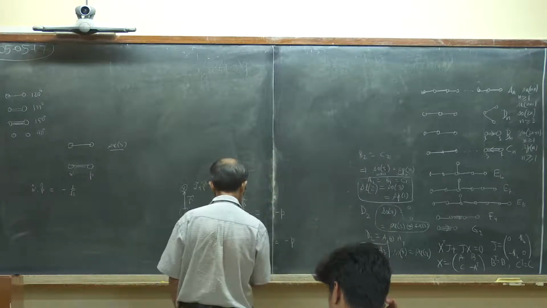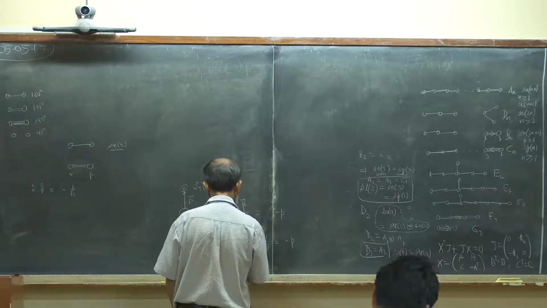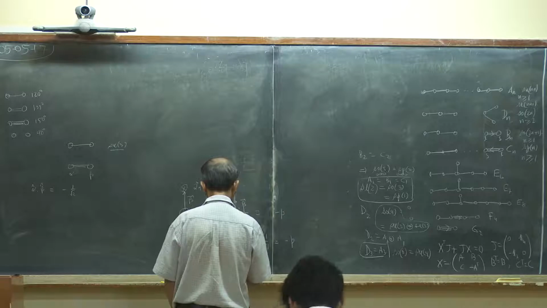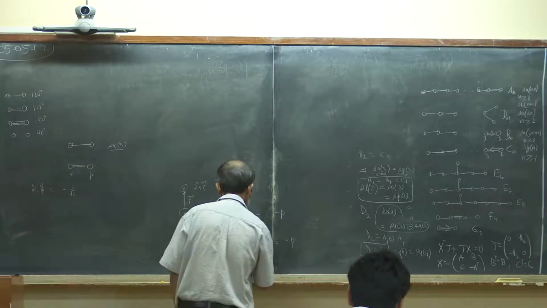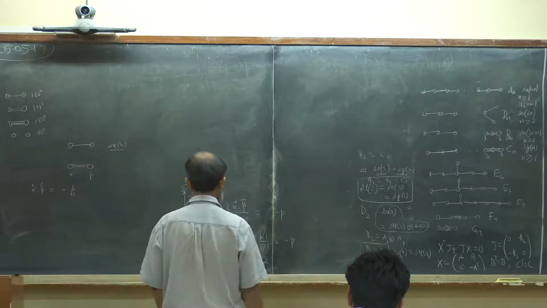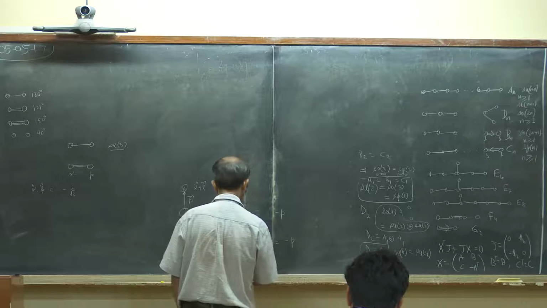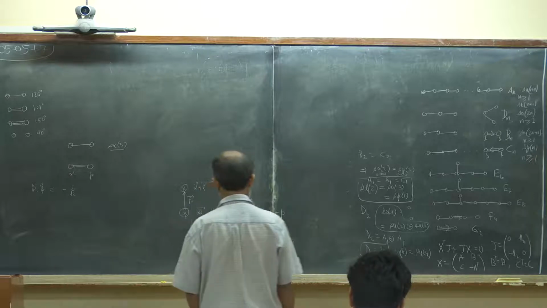Okay, and so what you get is that alpha divided by beta equals p by root 2, right?